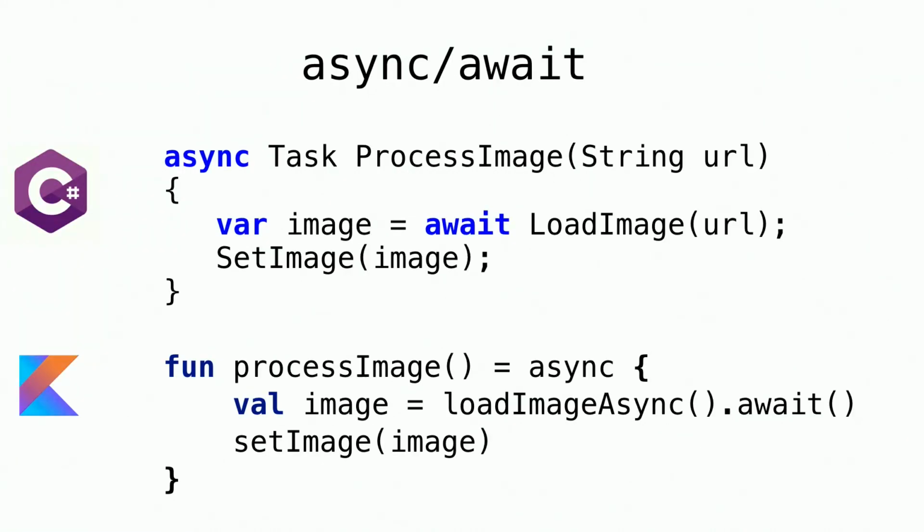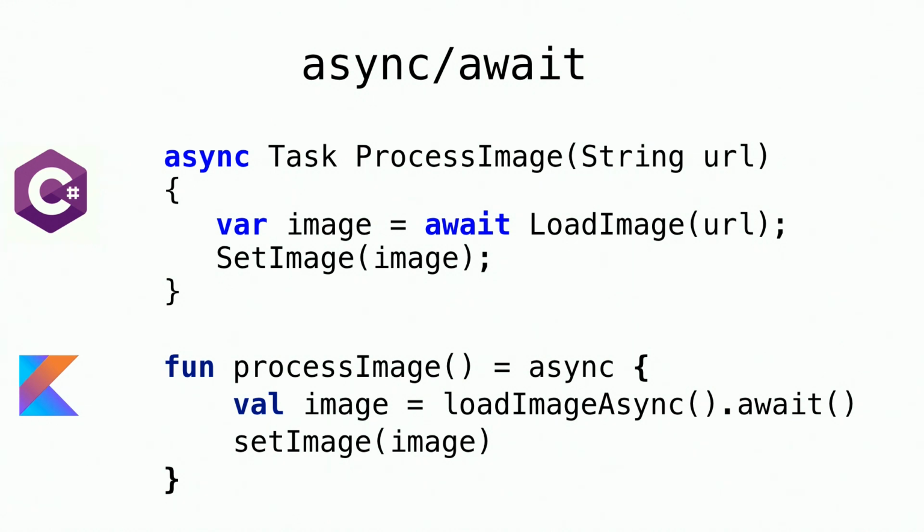Async-await is a feature already available in C#, so it's something known and successfully used for many years. Kotlin uses the same idea. You can use the same functionality of async await, but in Kotlin, async and await are functions.